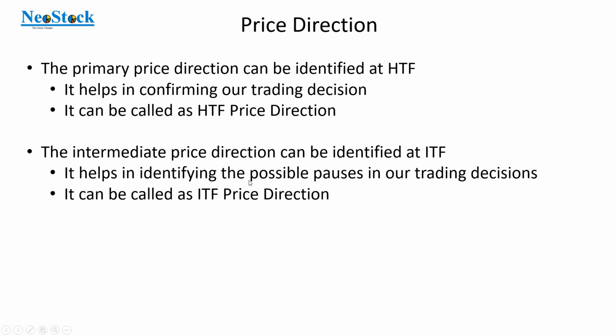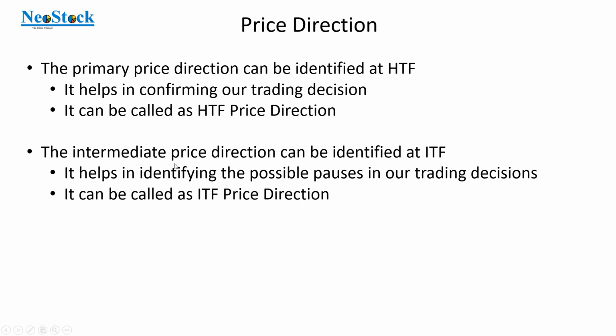And it is not only for identifying pauses against the price direction, but also for our trading decisions, because your monthly price direction is suggesting to you, that means your HTF is suggesting prices are moving from demand zone to the supply zone. You can take a long because prices are moving up. But all of a sudden, what's happening?